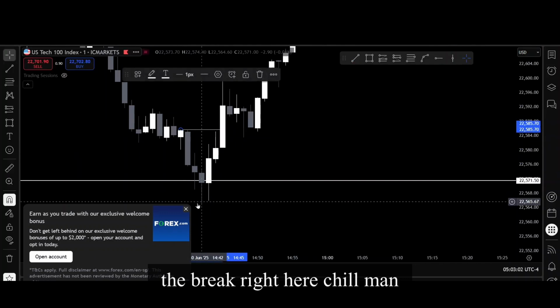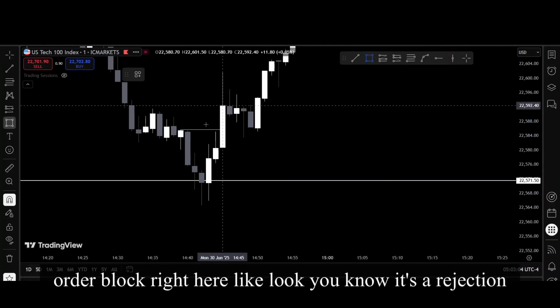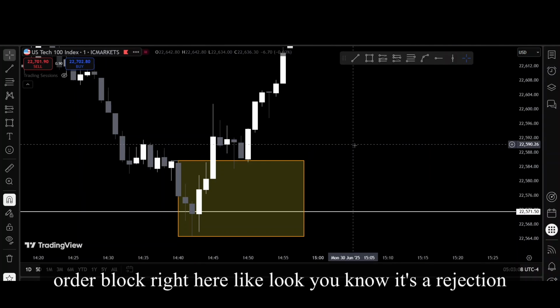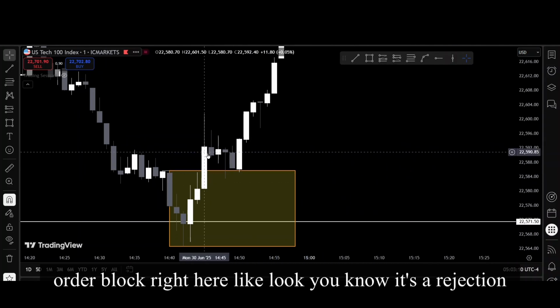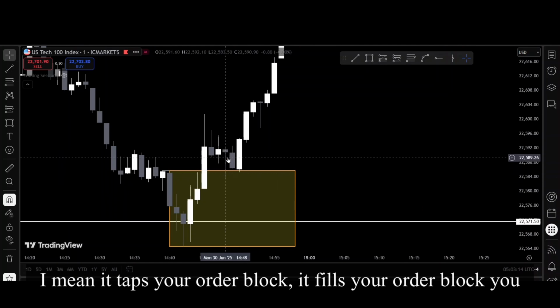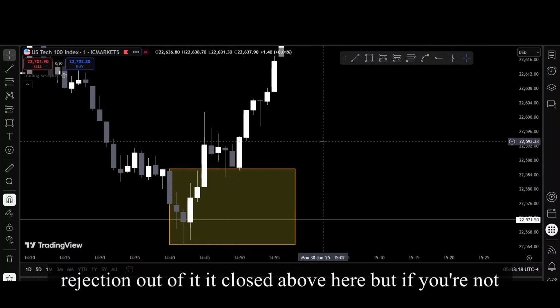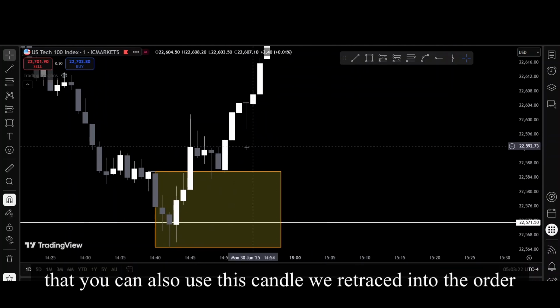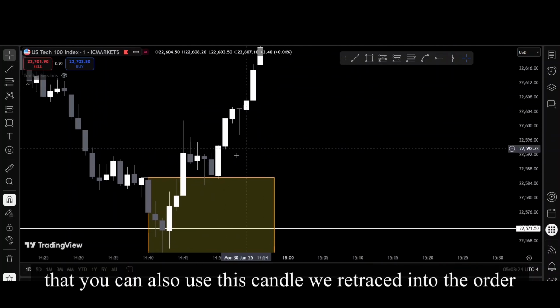Order block right here. Look, you know it's a rejection. When price went in, it taps your order block, fills your order block, and you get a strong rejection out of it. It closed above here, but if you're not comfortable with that, you can also use this candle.